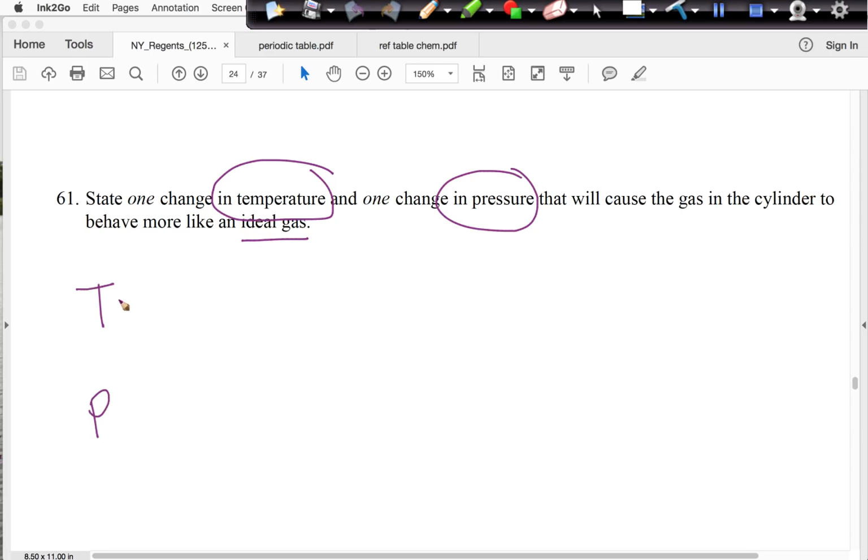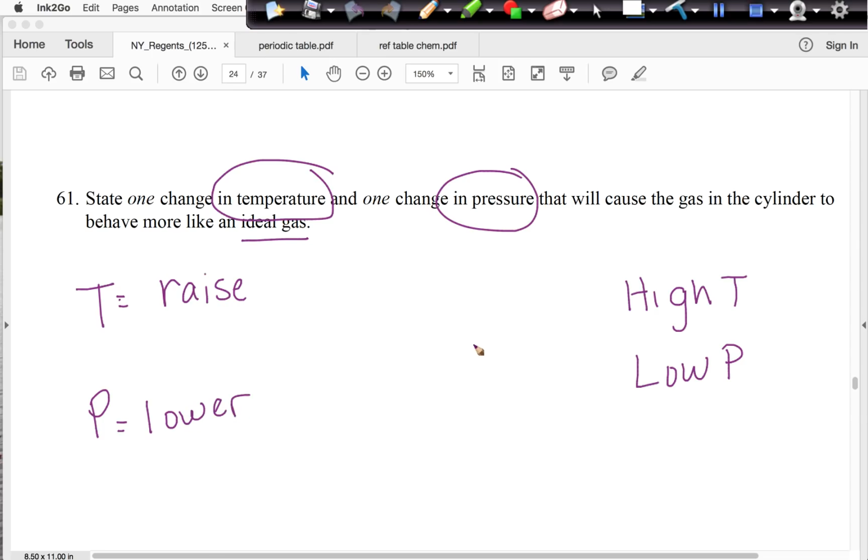And the answer sheet said what would be the change in temperature on one line and what would be the change in pressure on the other. We said high temperature, low pressure is the most ideal situation to make gases act most ideal. So you can raise the temperature and lower the pressure.